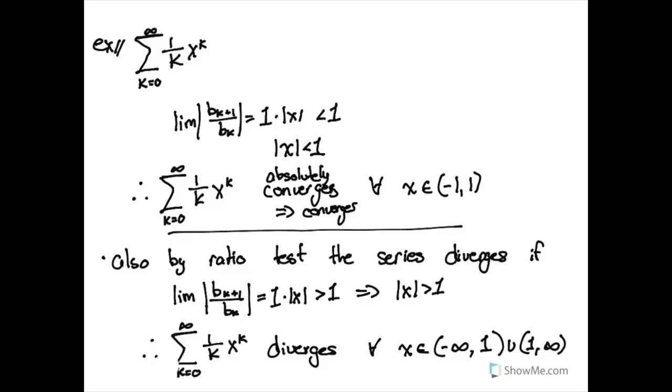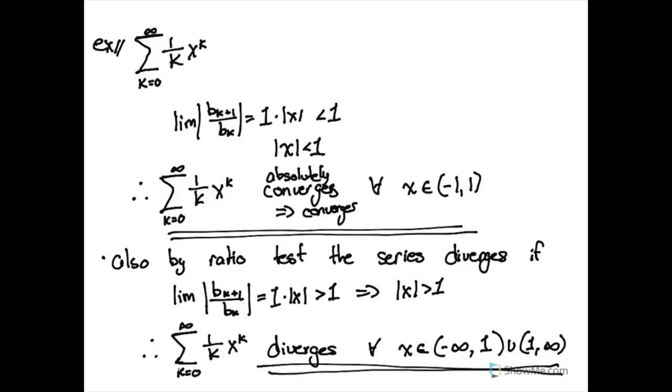So it absolutely converges for all points in the interval minus 1 to 1, and it diverges for all points in minus infinity to minus 1, union 1 to infinity.